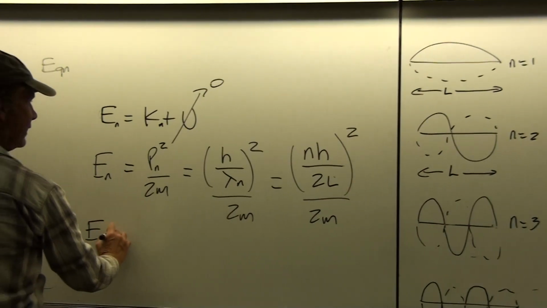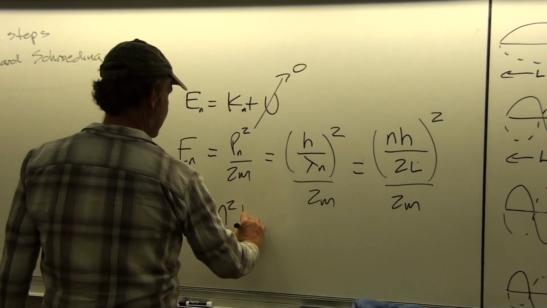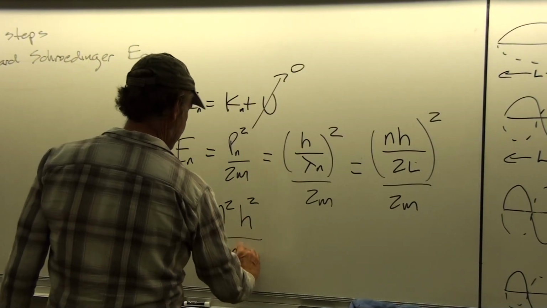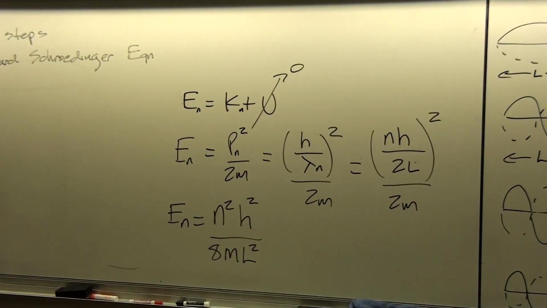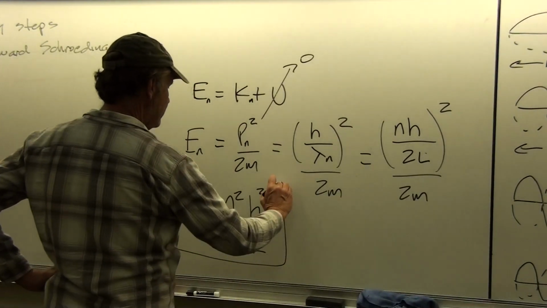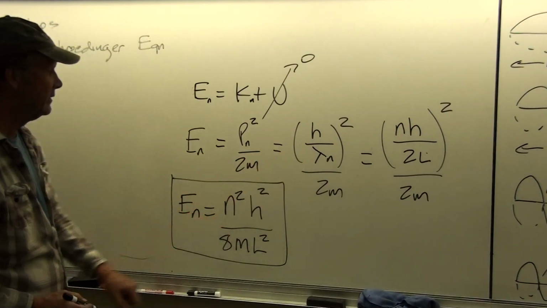Or En is equal to n squared h squared divided by 8mL squared. So this gives us a condition on the allowed energies that correspond to these allowed values for the wavelength.